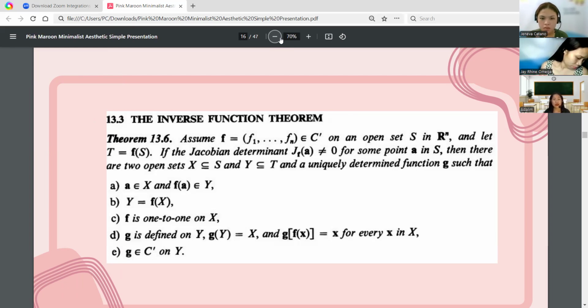If the Jacobian determinant J_f(a) is not equal to 0 for some point a in S, then there are two open sets X in S and Y in T, and a uniquely determined function g such that... okay, we have here a, b, c, d, and e. What's next?